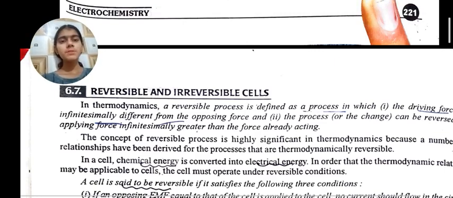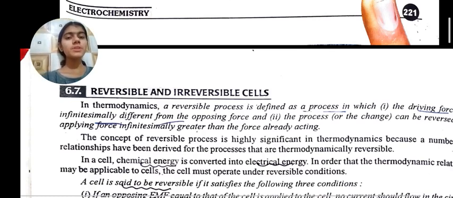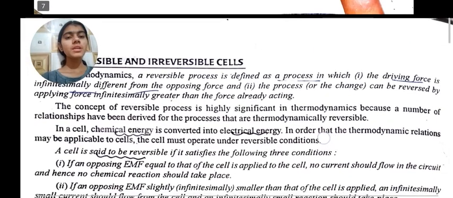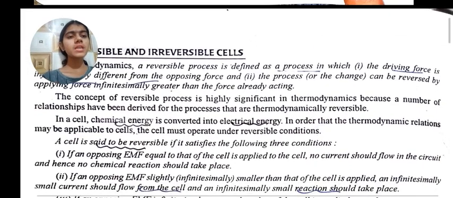The concept of a reversible process is highly significant in thermodynamics because a number of relationships have been derived for the processes that are thermodynamically reversible. In a cell, chemical energy is converted into electrical energy. In order that the thermodynamic relations may be applicable to cells, the cell must operate under reversible conditions.